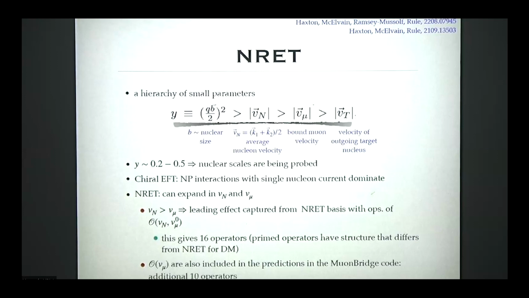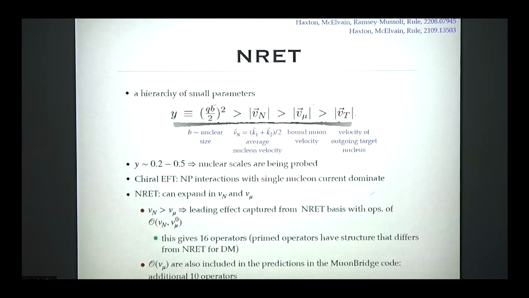That's this first parameter, V mu, which tells me that this is a small velocity. It's much smaller than the velocity of the nucleons inside the nucleus. And the velocity of the outgoing target, the whole nucleus, is even smaller, right?